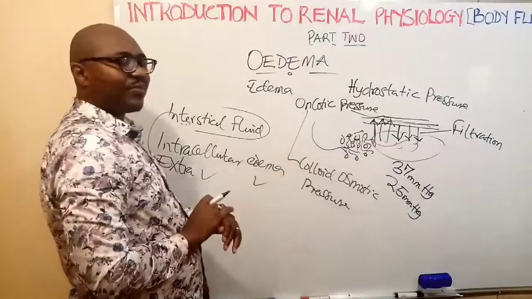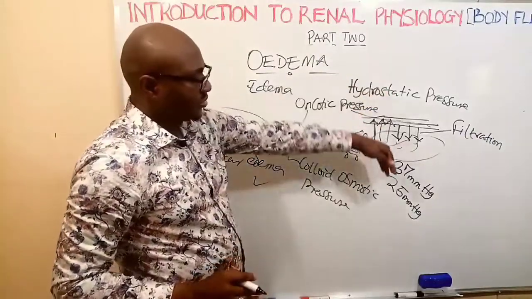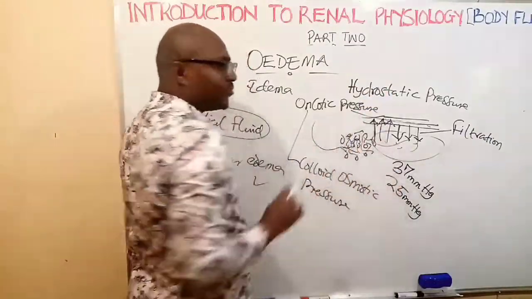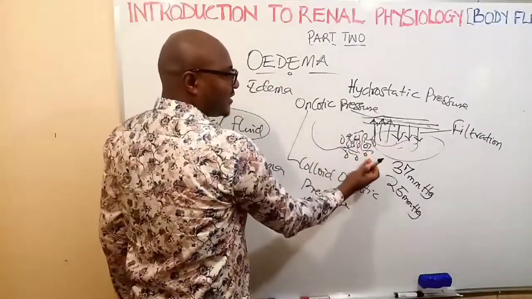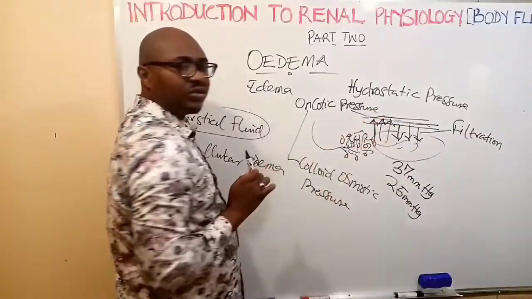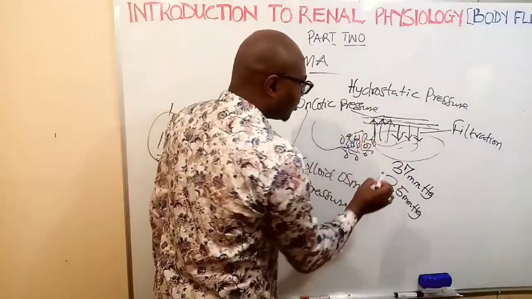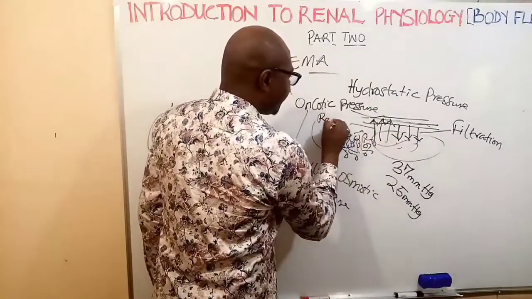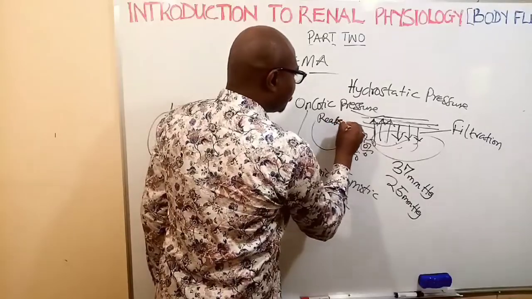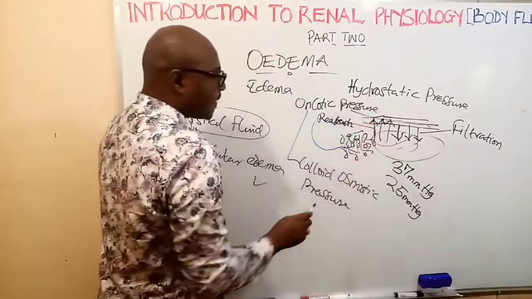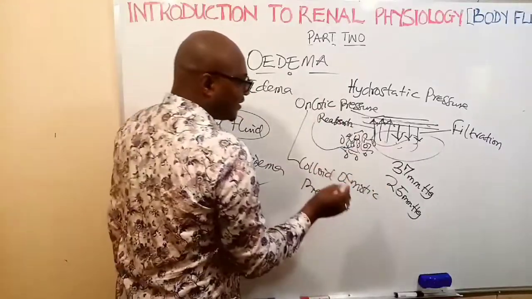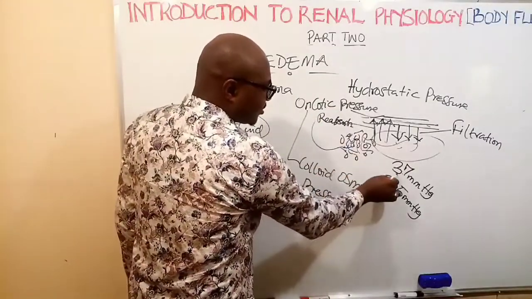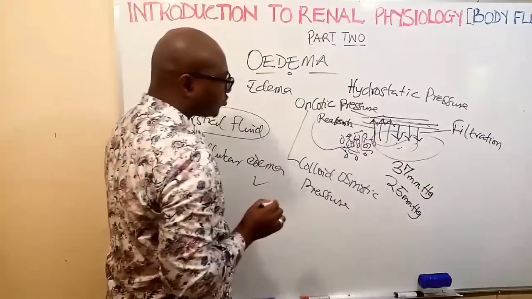So what do you think will happen? Filtration is having 37. This one is called reabsorption. It's taking back the fluid into the vessel. Okay, let's write it here. Reabsorption. So that means filtration is more. It's overriding it.